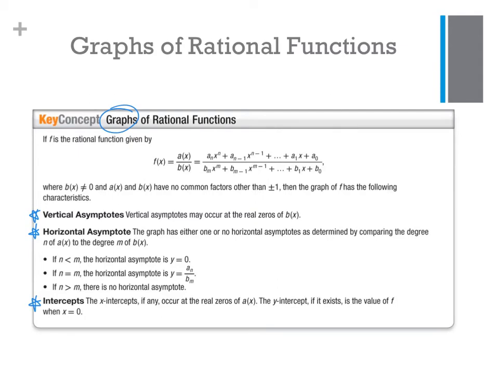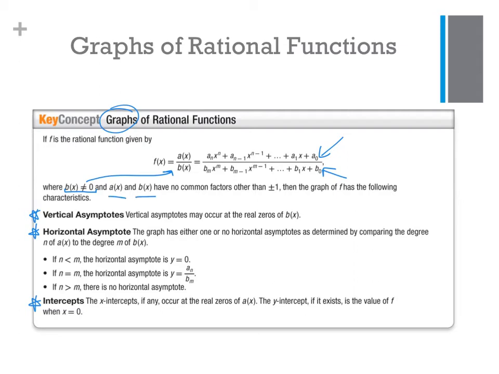Now, a rational function is two polynomials divided by one another. So you could have a quadratic divided by a linear function, a cubic divided by a quadratic, etc. One thing they express is that b of x cannot equal 0. The bottom function can never equal 0.